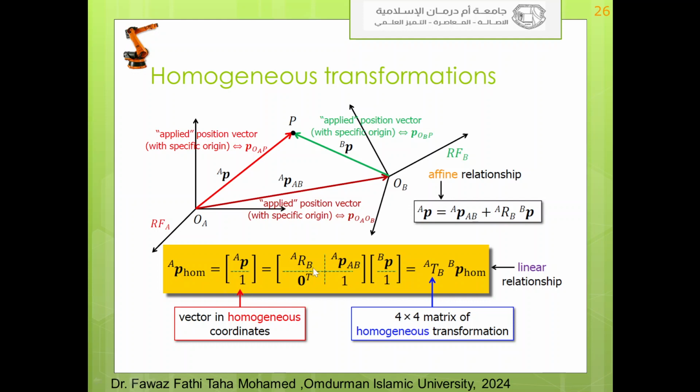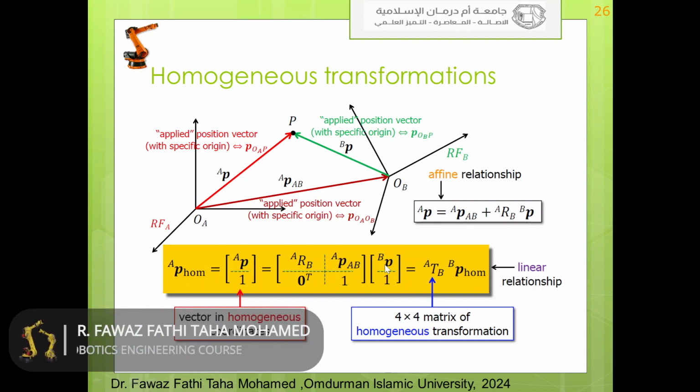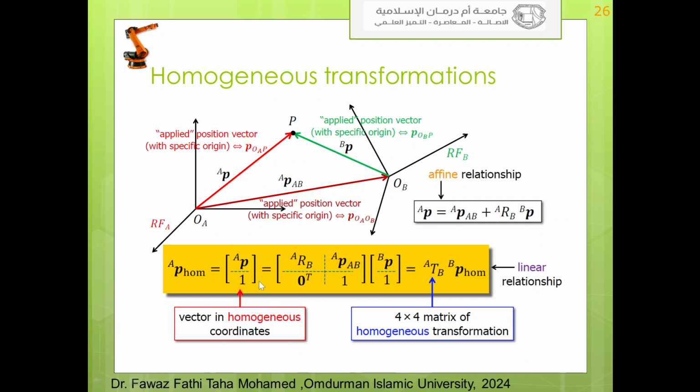It is a temporary value in order to obtain a 4 by 4 matrix, and when we multiply a 4 by 4 matrix by any 4 by 1 vector, we will obtain another vector.